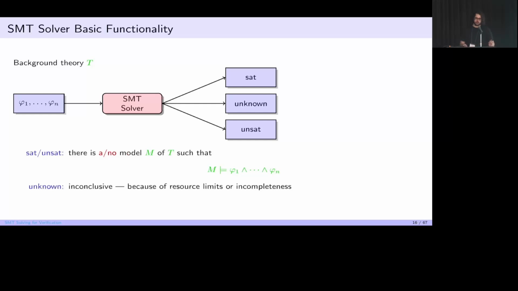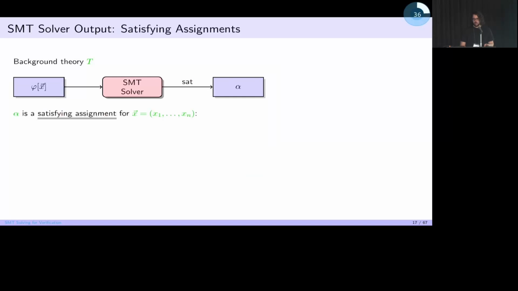So in terms of basic functionality, this is what you get out of an SMT solver. But then there are several different things that you can do with this, as I mentioned. One of them is to get a satisfying assignment. If you have a series of variables in your problem, it gives you the values that these variables would have that make the formula true, according to the theory in question.